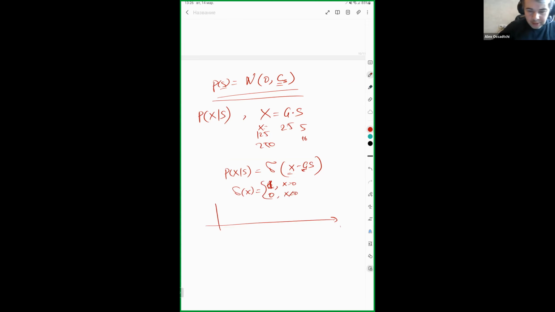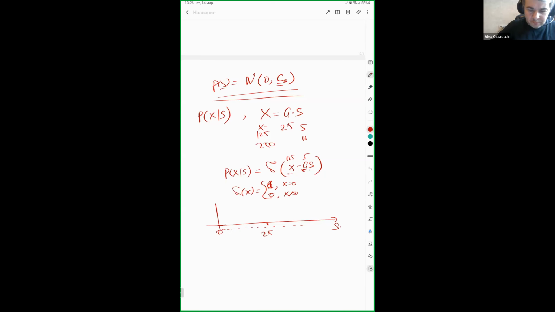So let's say G is equal to 5, as I said, and your data is 125, okay? So you're going here. Then what was in the brackets is not 0, therefore the probability is 0. You go until S equal to 25.